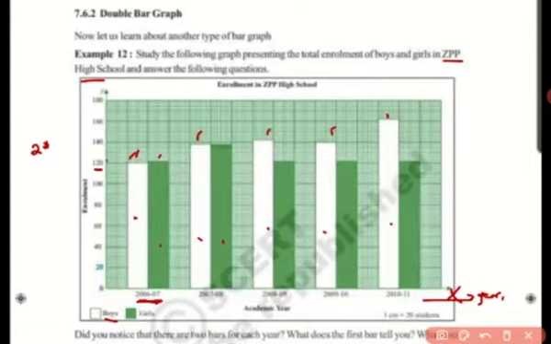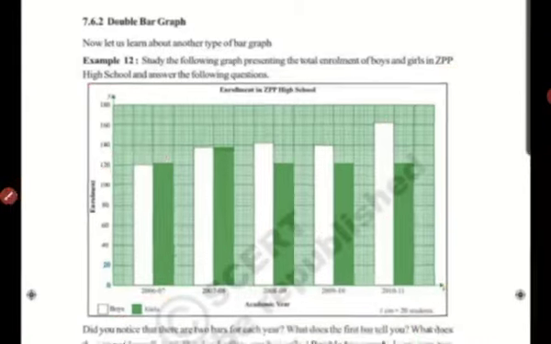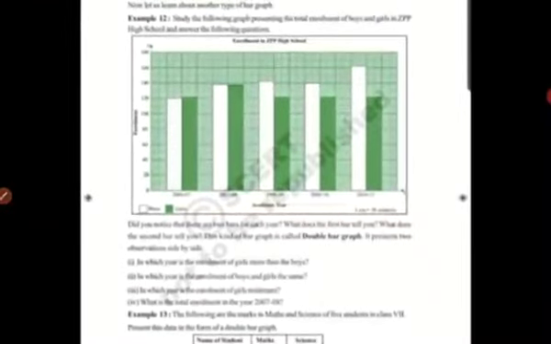So the number of girls enrollment is 122. All right, let's see the questions being asked here. The first question is, in which year is the enrollment of girls more than the boys? Girls enrollment is more than the boys.